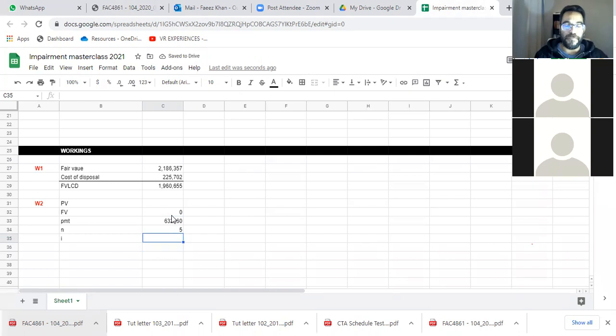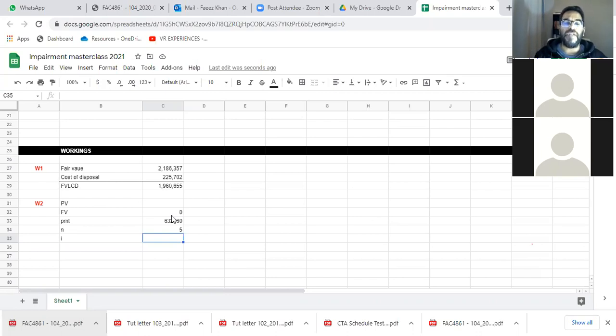Remember, for financial management, the discount rate we use is an after-tax discount rate. For accounting purposes, the discount rate we use is the pre-tax discount rate. They gave us a post-tax discount rate, meaning an after-tax discount rate, and for accounting purposes we can't use that.